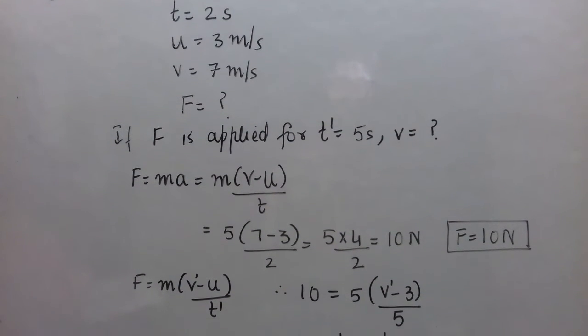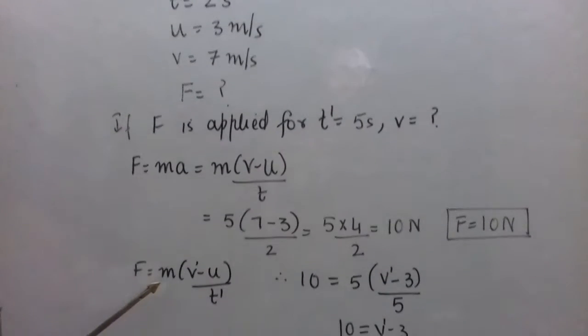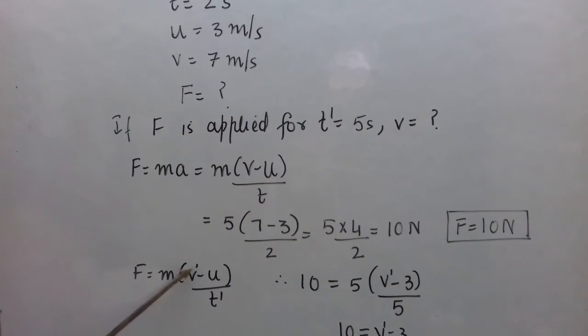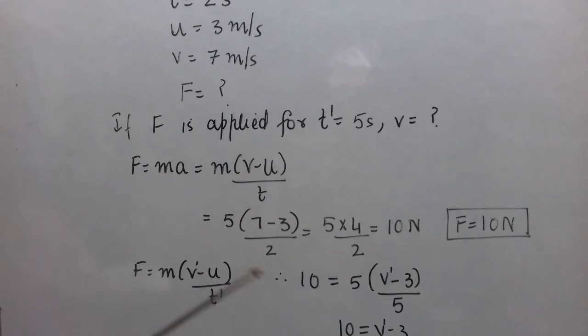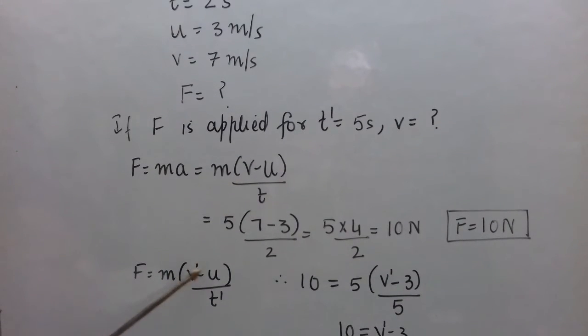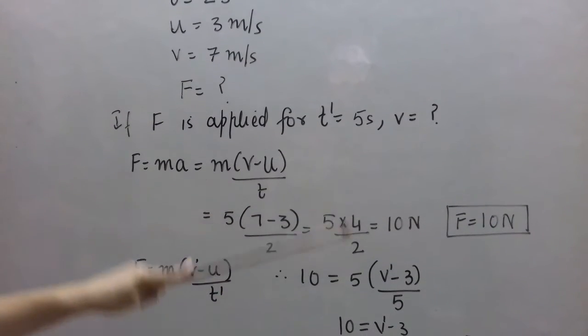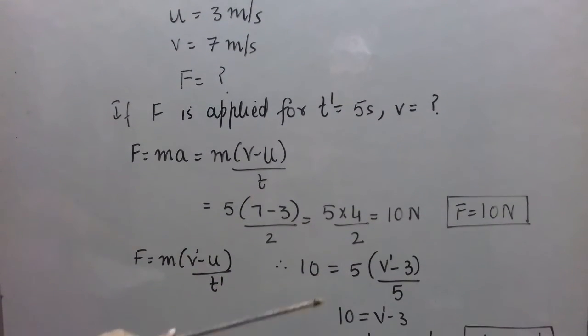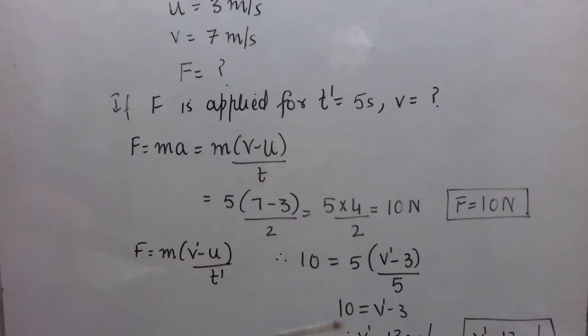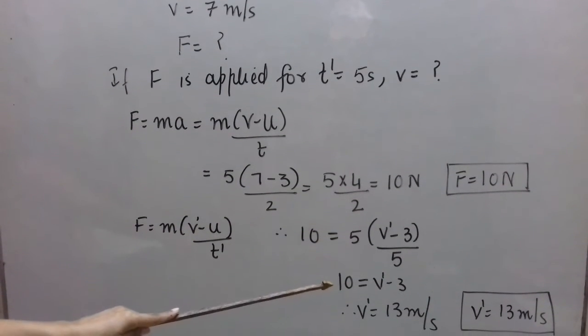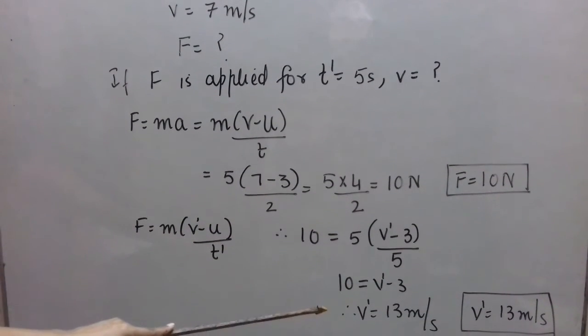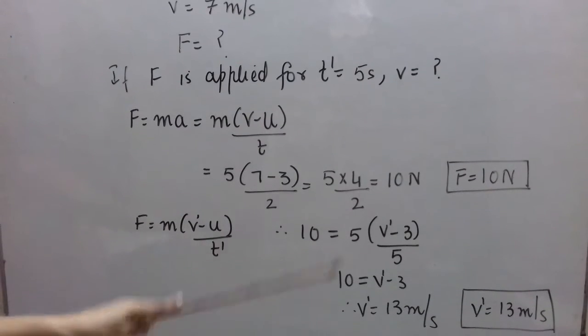After putting the value of all these terms, we will get the value of v dash. So 10 is equal to m, which is 5, into v dash minus 3 divided by t dash, which is now 5. So 5 will get cancelled. 10 is v dash minus 3. So v dash is 10 plus 3, that is 13 meters per second. Okay.